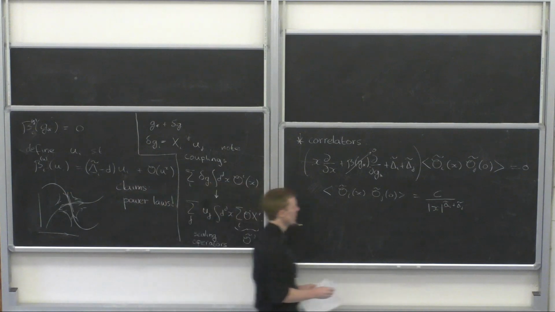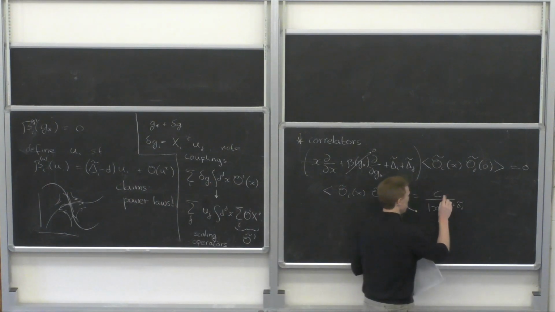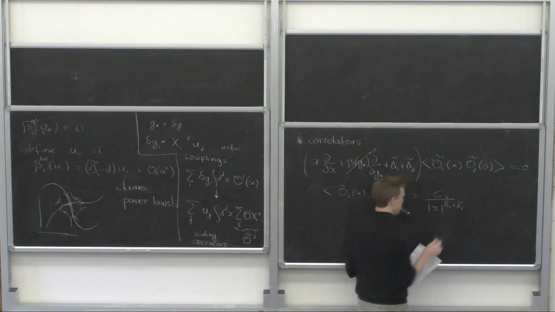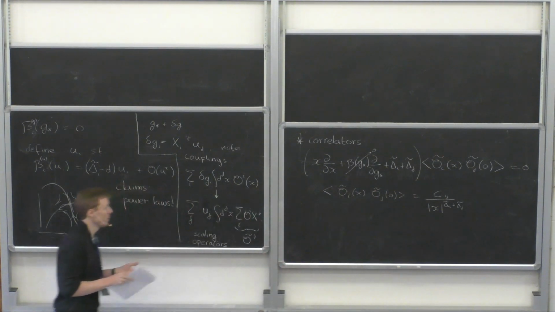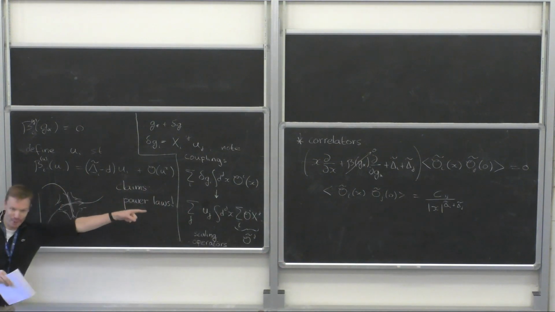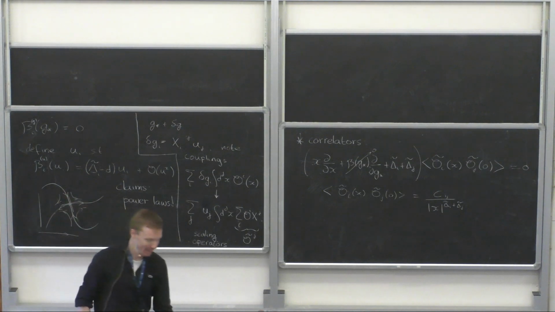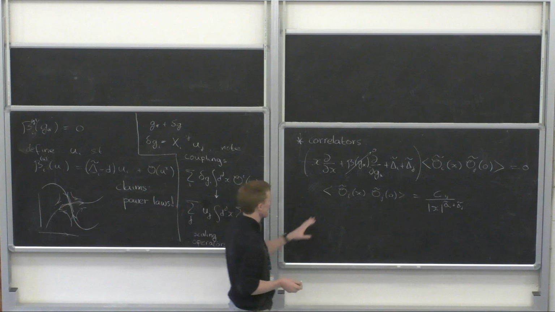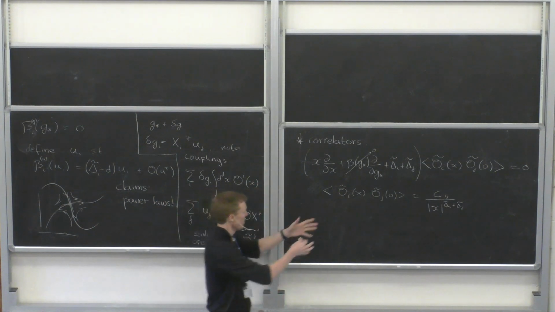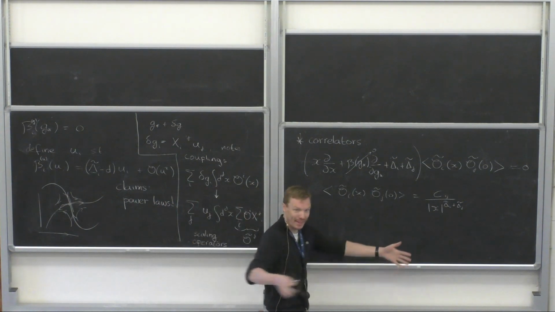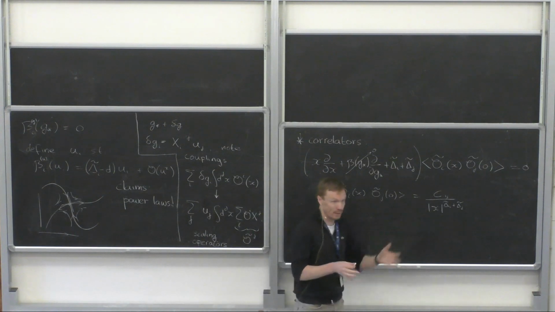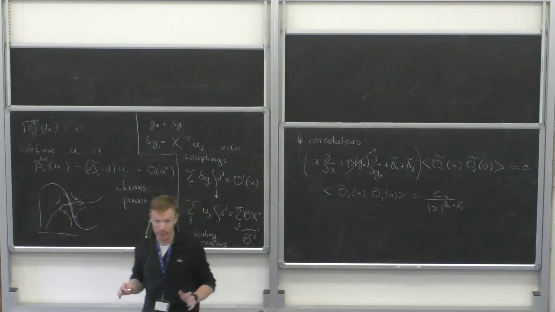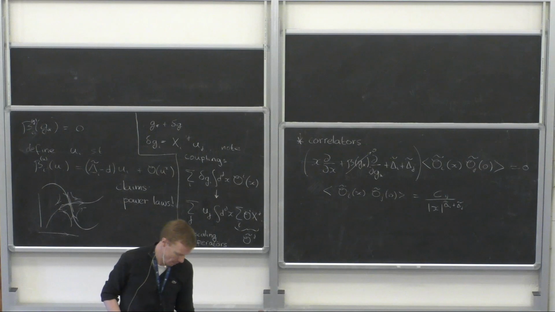This constant can depend on the operators, C_ij. So we see a simple power law, and that's what my claim was: they're power laws. Scale invariance means power laws to some extent. It's not like you scale it and it stays constant; you scale it and it transforms homogeneously. That's the rule of scale invariance.